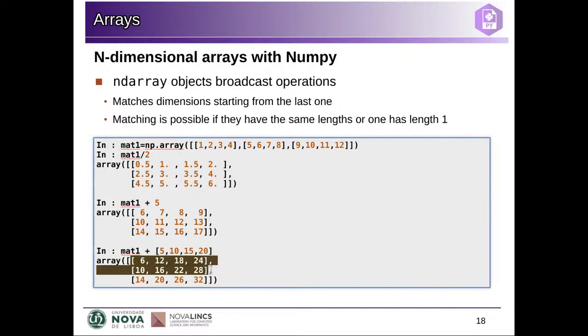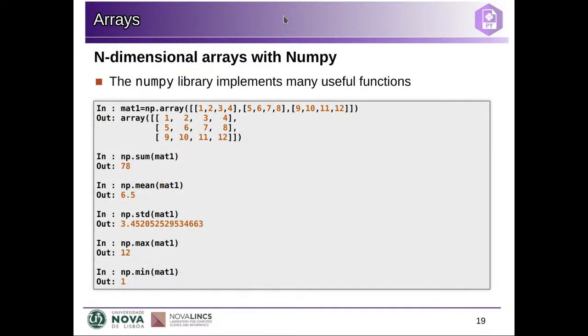So the last dimension in this matrix is the number of columns. The last dimension in this array is the only dimension, just the number of elements. So these two match, and then it broadcasts this through all the rows. If you are dealing with matrices with higher dimensions, 3, 4, 5 dimensions, you can do it also. This becomes a bit more complex, but the rule is always the same.